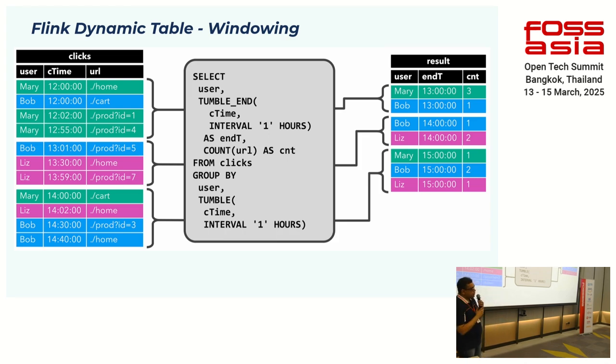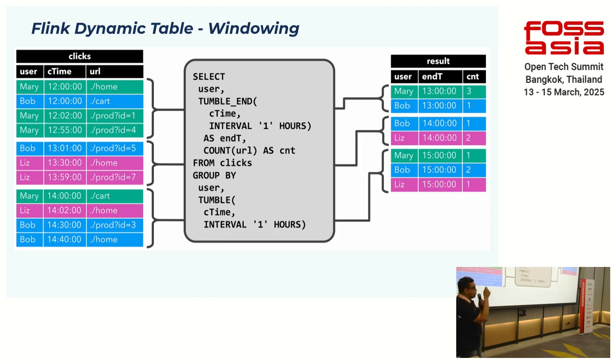So if you look at the code, you see I have an interval of 1 hour, and I'm grouping by the user. So essentially what happens is, if you look at your Kafka topic, which is again a Flink dynamic table on your left-hand side, between 12 o'clock and 1 p.m., Murray clicked thrice, Bob clicked once. So my result table had 3 and 1.